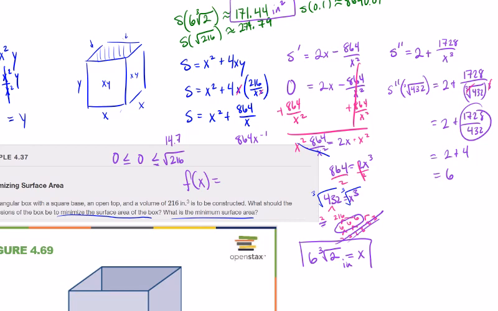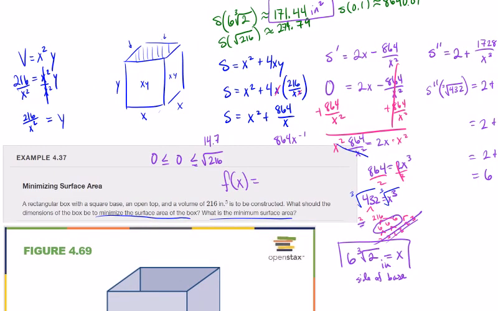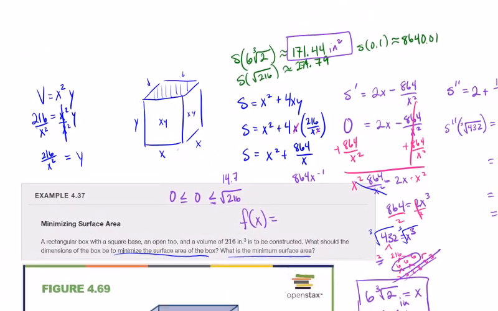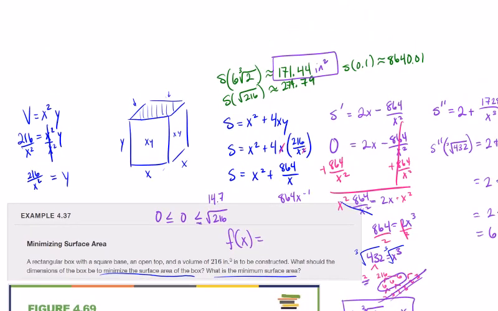Or actually we want the dimensions, right? So this gives us x. This is our minimum width or side of the base, right? And so let's find y to find the height, right? So we can plug in 216, then we're going to plug in 6 cube root 2, and square it.